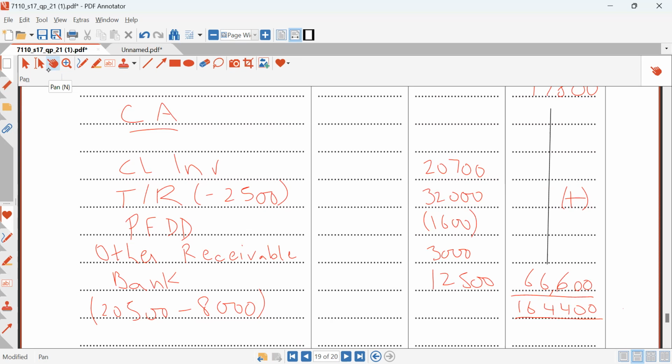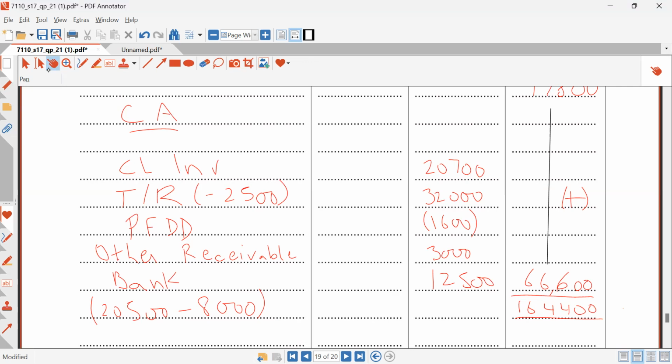So I get provision for doubtful debt as 1,600. Other receivable was given to me as rent receivable. Rent receivable is an income. If income is owing, that is going to be a current asset, 3,000. In bank, there was an adjustment of 8,000 as the computer equipment was purchased worth 8,000. So I had to subtract 8,000.